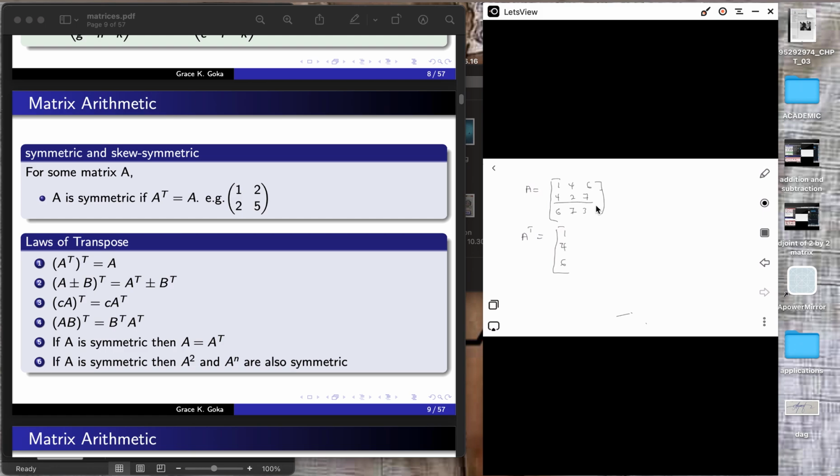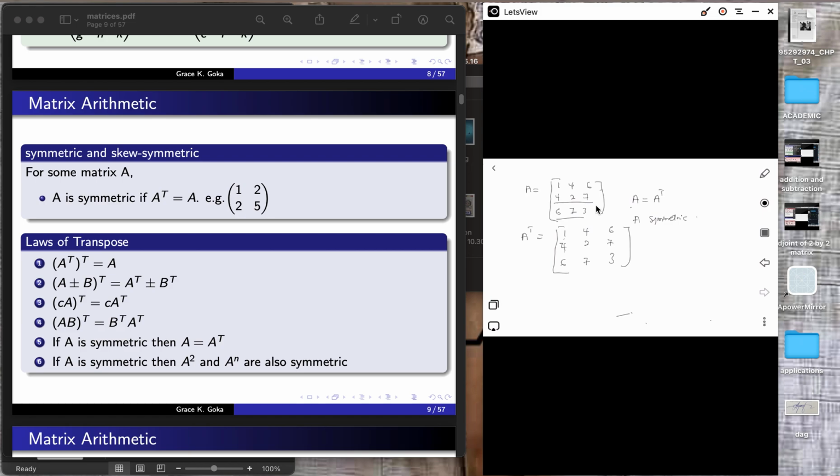Pick the second row, which becomes a column 4, 2, 7. Pick the third row, which becomes a column 6, 7, 3. Now if you look at A and A transpose, you notice that A is the same as A transpose, because they have the same dimension and the components are the same and at the same position. Since A is the same as A transpose, we say matrix A is symmetric.